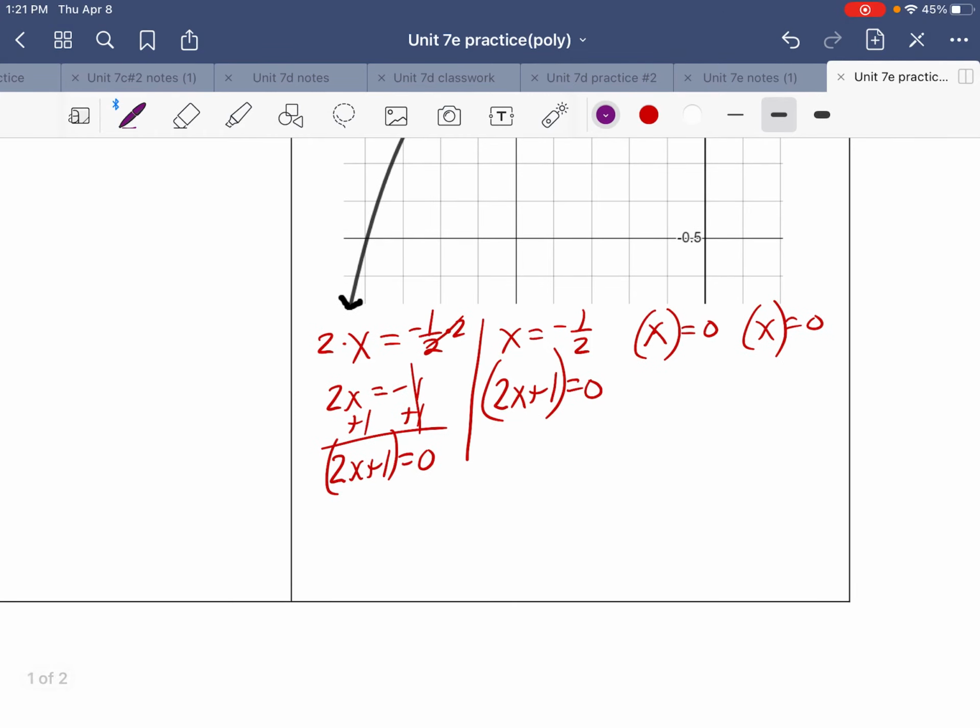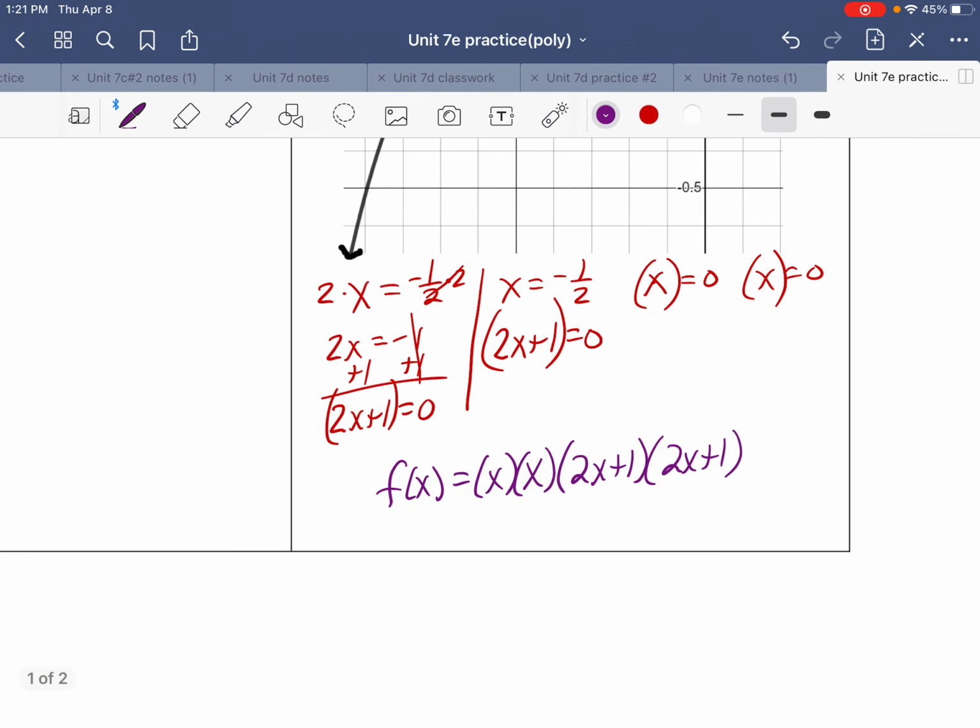Write these out as in factored form of the polynomial. Does not matter. Typically x's go first, but it really does not matter what order you write these in by the commutative property of multiplication. My goodness.